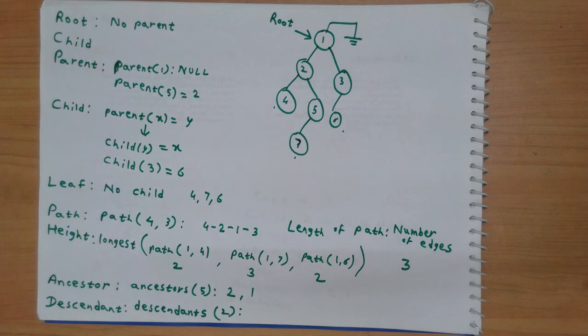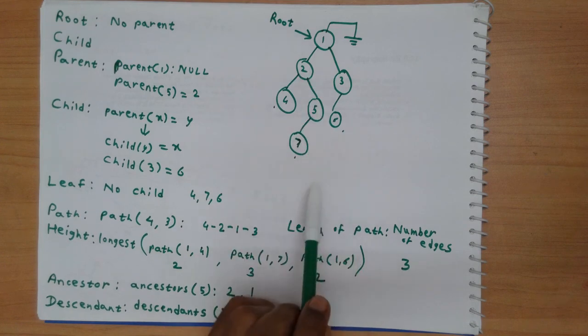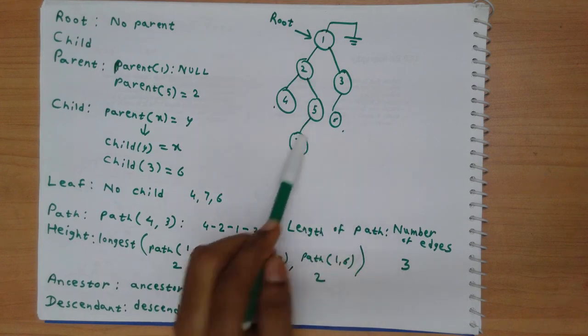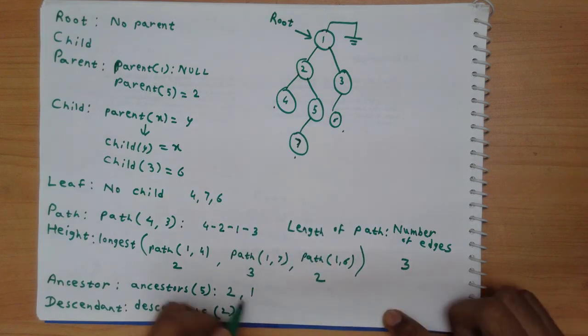Okay, so let's try to list the nodes for which 2 is an ancestor. Okay, so 2 is an ancestor for 4, 2 is an ancestor for 5, and 2 is also an ancestor for 7. Okay, so those are the descendants for 2: 4, 5 and 7.